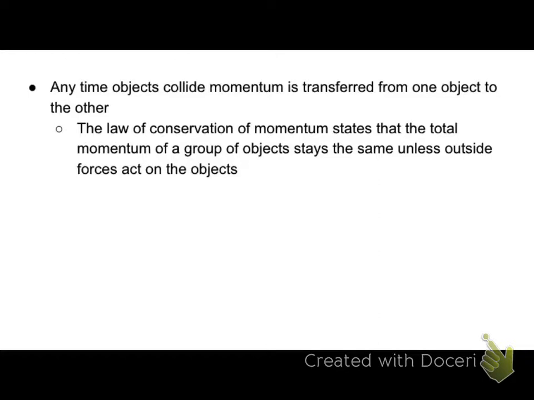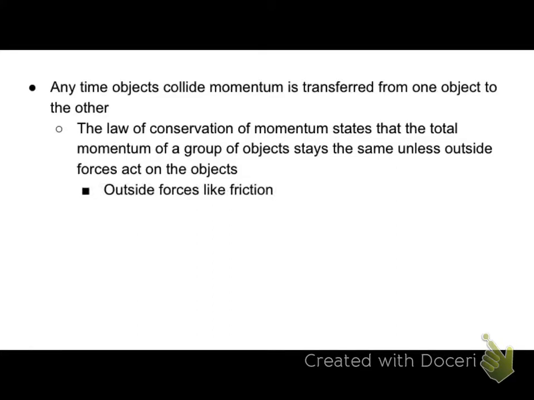So, for example, if you have a group of pool balls on a table and you hit them with the cue ball, the momentum doesn't change. It's just passed from the cue ball to all of the ones that it just collided with. Okay? Outside forces can act on it, and they can change the momentum of the whole group, like friction.